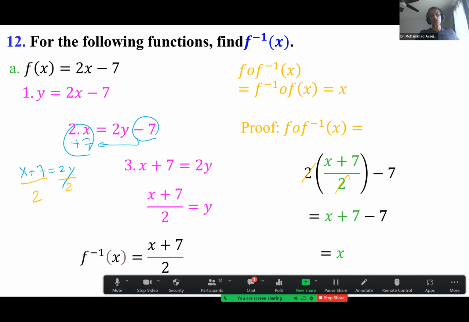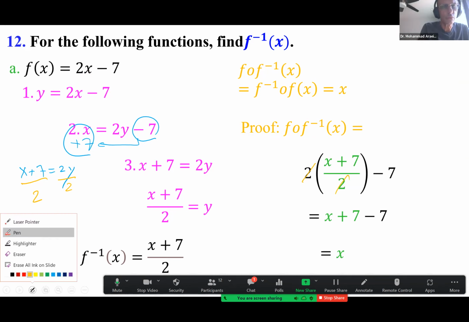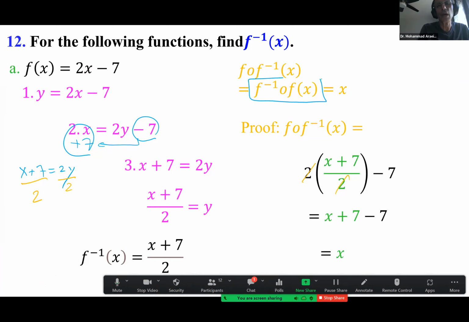Now, this is good enough, but if we were to show f inverse of f, and you don't have to show both of them, then it would look like starting with f inverse.